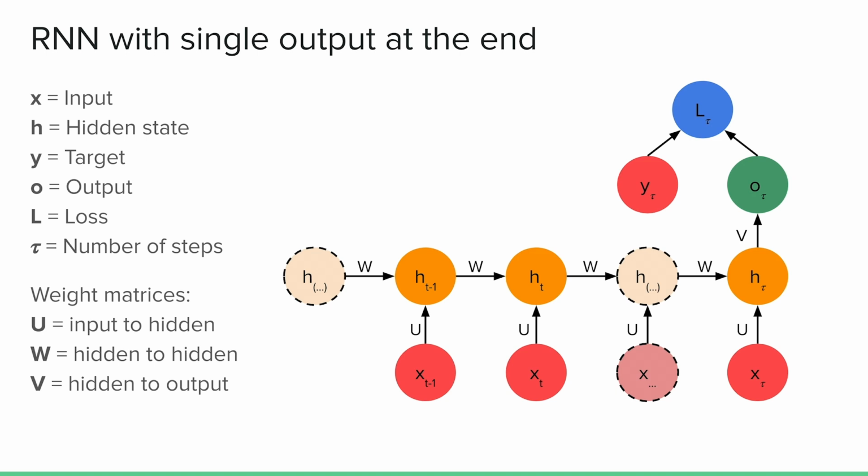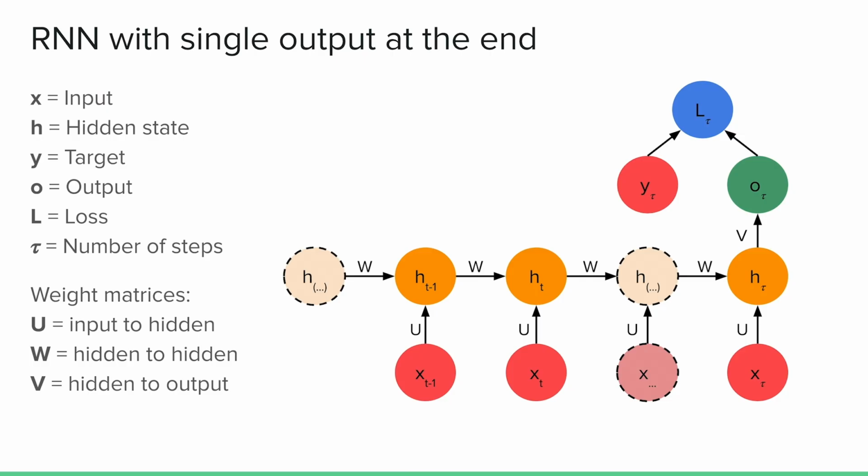Then we have our output H tau, which is the last state, and we produce a certain output. We have our target Y, and we compute the loss between our actual output and the target Y. That's our loss function.